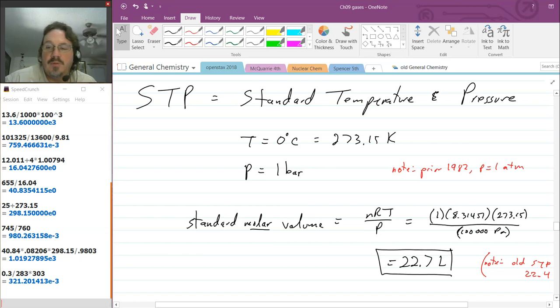But the bar is related better to the SI units because a bar is 100,000 pascals, whereas an atmosphere is 101,325 pascals. They said that's close enough, so they switched it to 1 bar back in 1982. Officially, that's the correct STP.